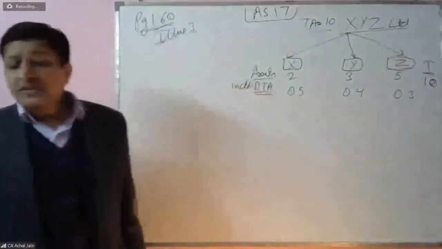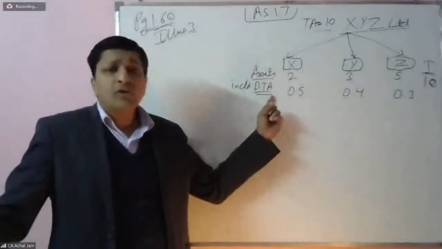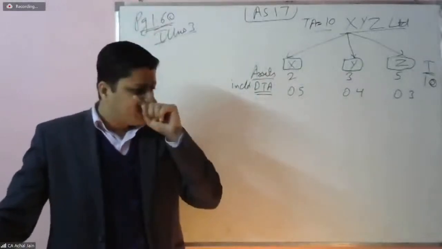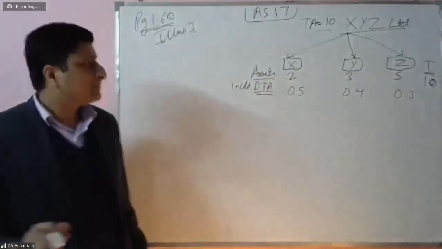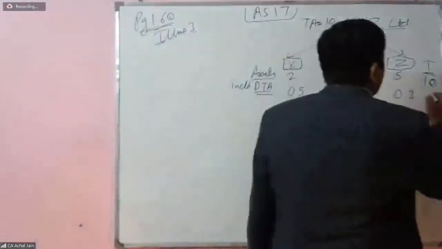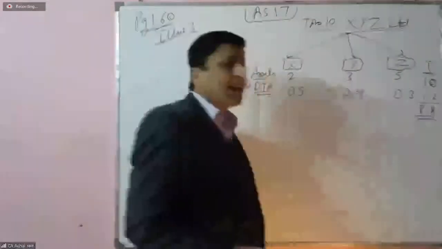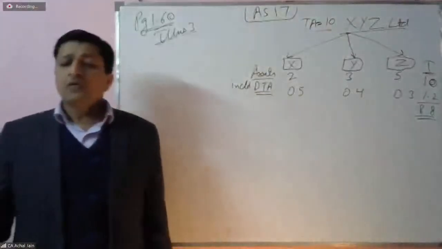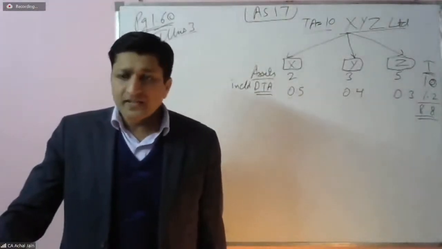But for the purposes of segment, do we include the amount of tax assets? No. So what should we do? We should exclude this amount. What is the total of this? 1.2. So after excluding DTA, what is the amount of total assets?